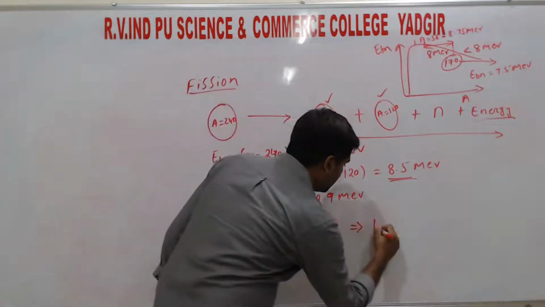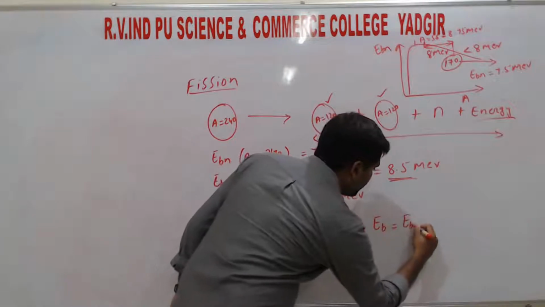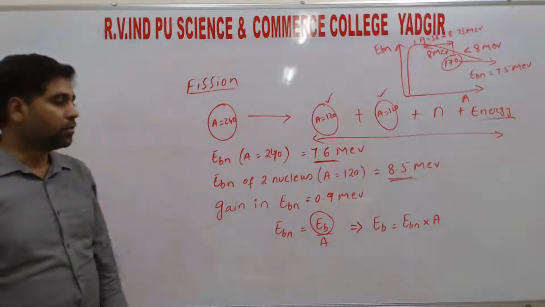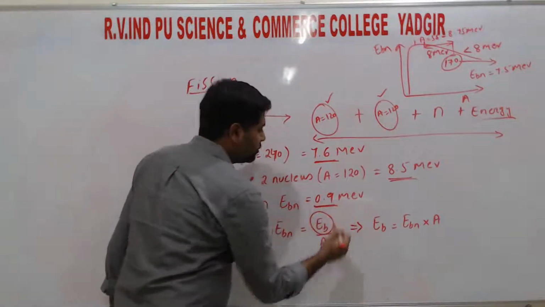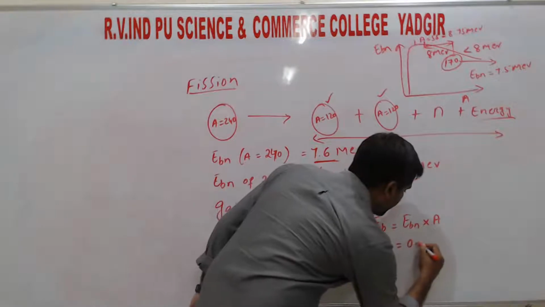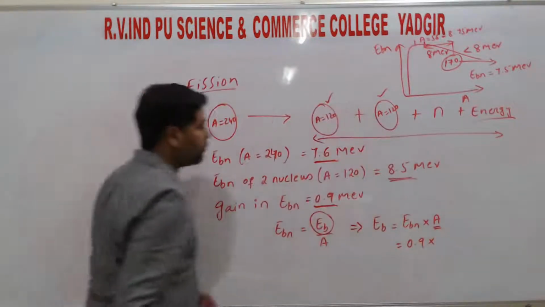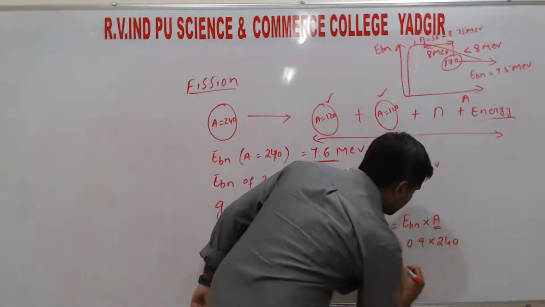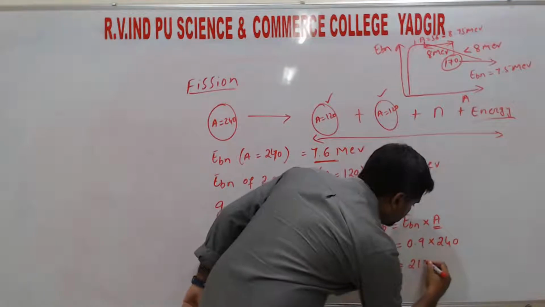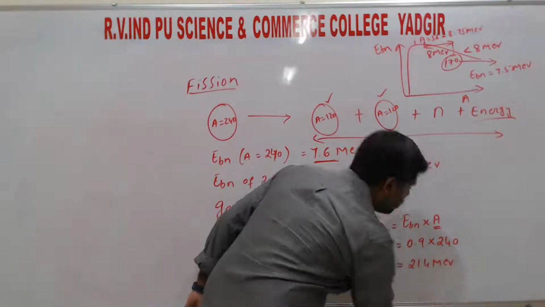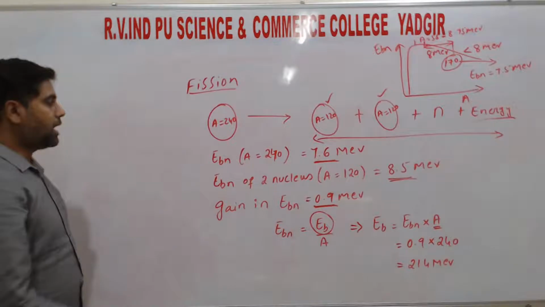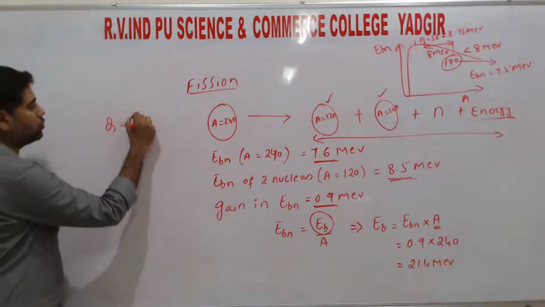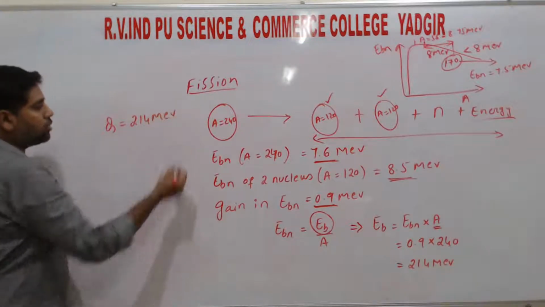So EB equals EBN into A. The gain in EBN is 0.9, and the mass number A of the heavy nucleus is 240, so we obtain approximately 214 mega electron volt. That we call the Q value or disintegration energy, that is Q equals 214 mega electron volt.